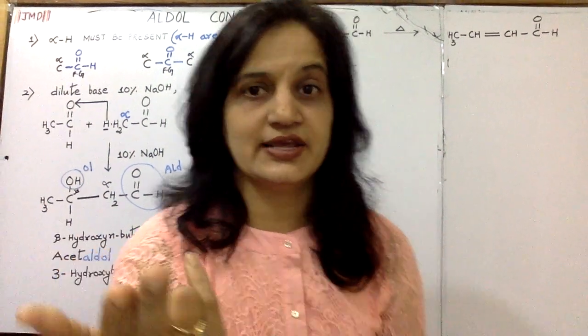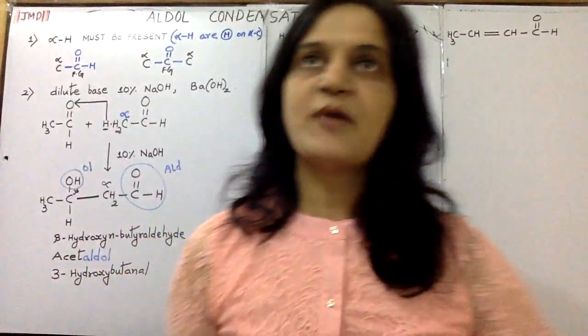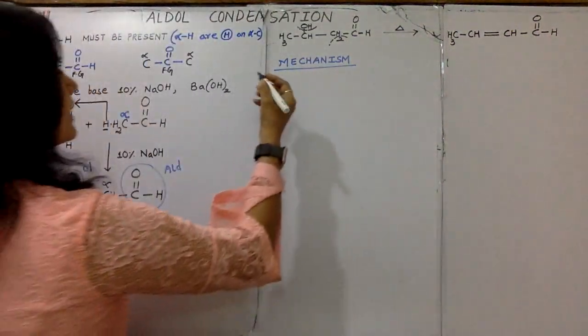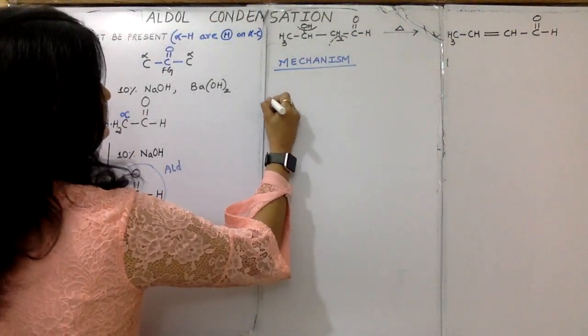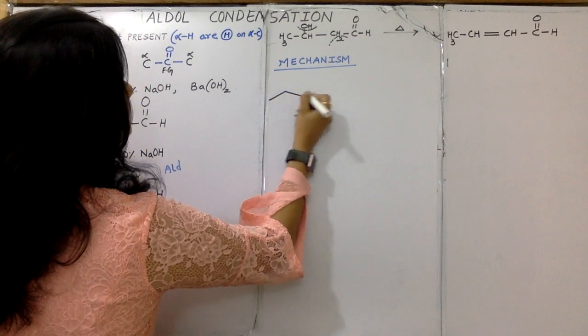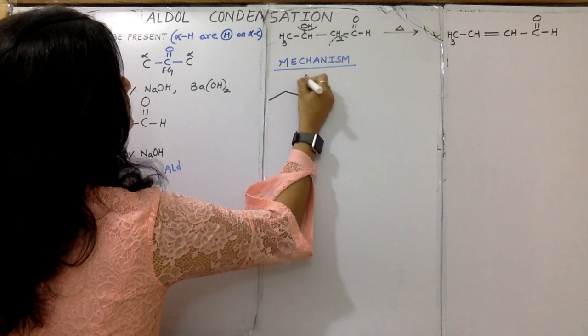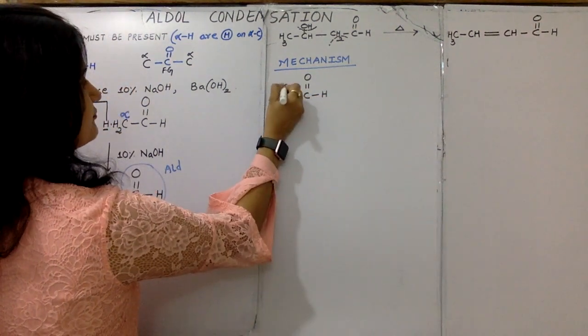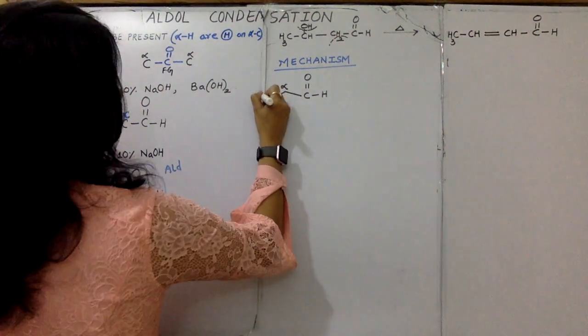I'll take some other aldehyde. Let me take a higher one. Let us take propanal. This is the molecule of propanal. This is the alpha carbon and this is the beta carbon.